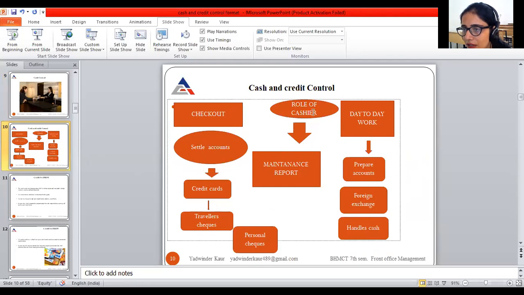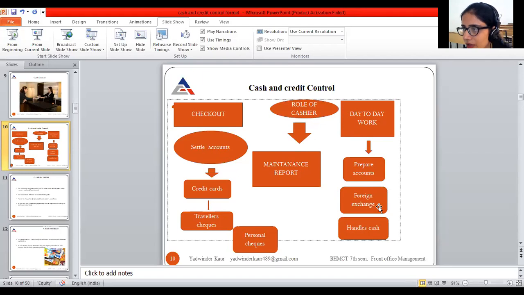These are all the work we have to do at the reception. When the guest is checking out, they settle accounts in cash, credit card, traveler's check, personal checks, right? Role of the cashier, maintenance reports, day-to-day work, and preparing accounts, foreign exchange.